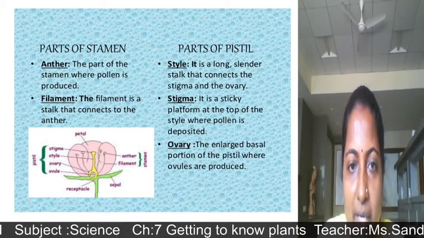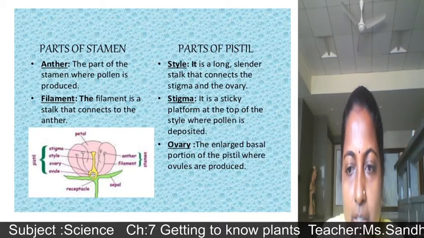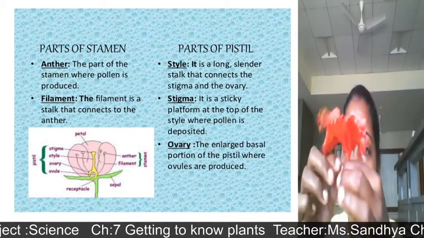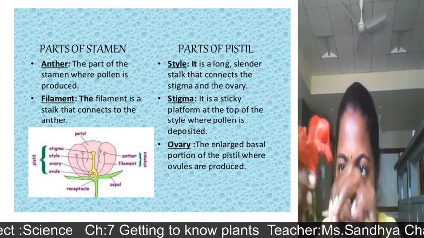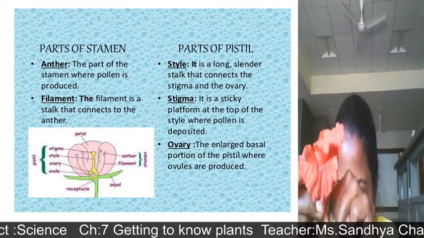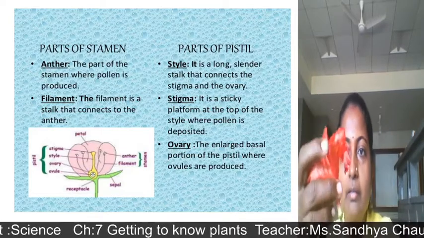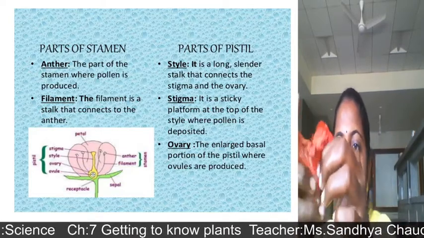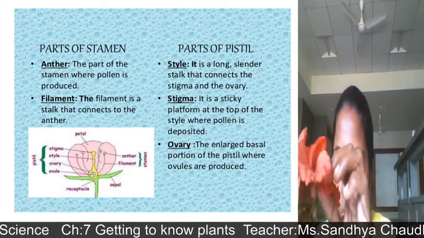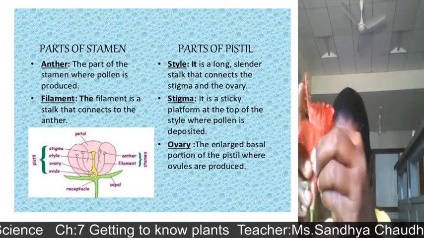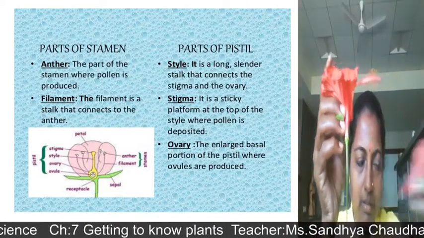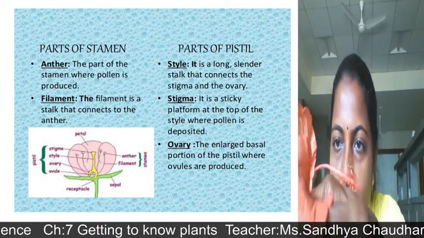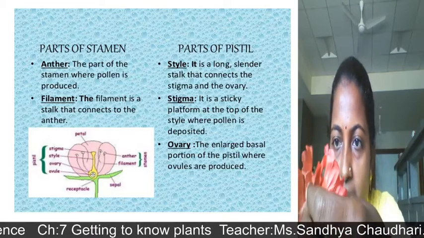Now we will see each part by dissecting. Students, first of all I remove the outer part of a flower. Then one by one I will remove the petals. As you can see, I am removing the petals, children. So watch it very carefully.